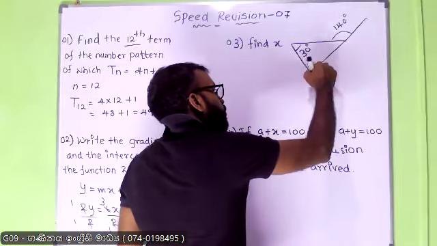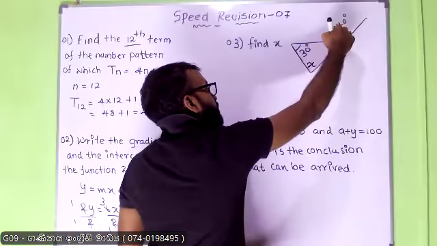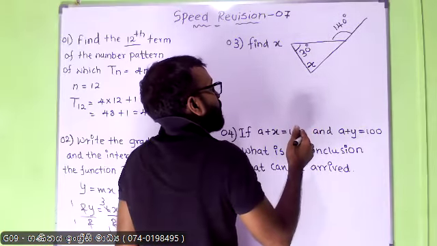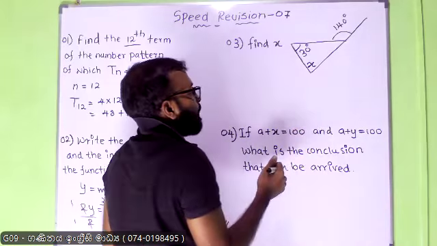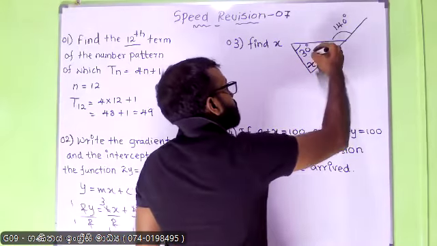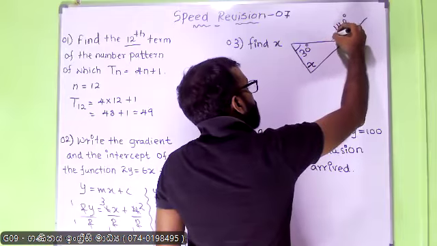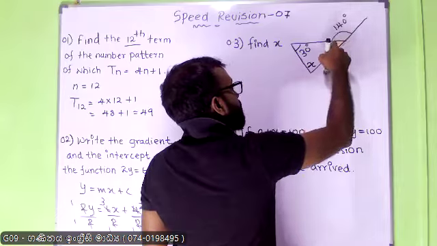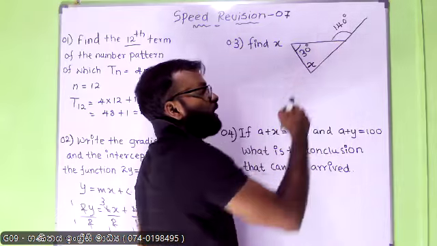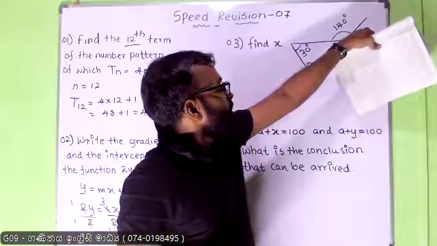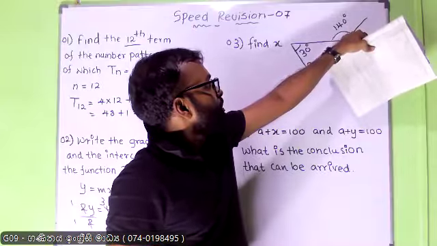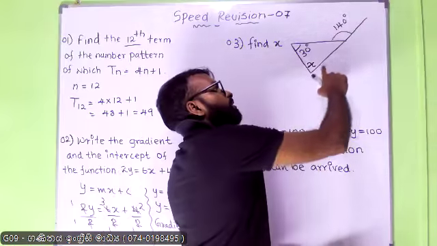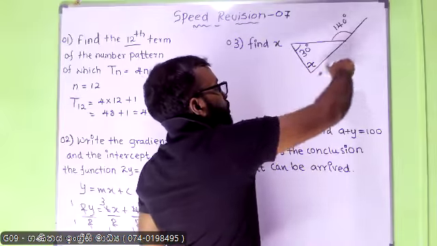Find x. How do you find x? Now here you have been given 140. Now you can use the theory, right, of interior angles. The summation of the two opposite interior angles equals the magnitude of the exterior angle, which is formed by extending the bottom side.